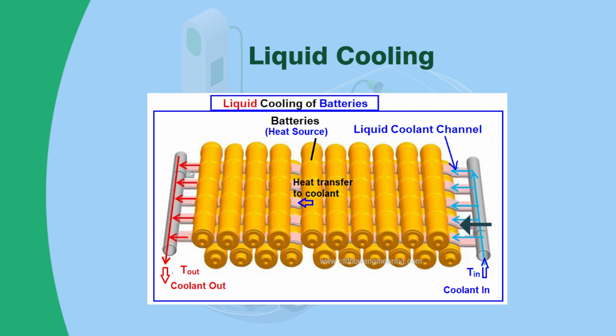So, the liquid coolant which is being transferred from the coolant in to coolant out, this inlet to outlet, is transferring the liquid coolant to uniformly distribute the heat and take away the heat from the cells, and it is again collected at the end.